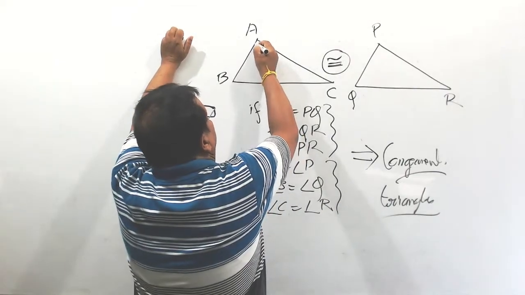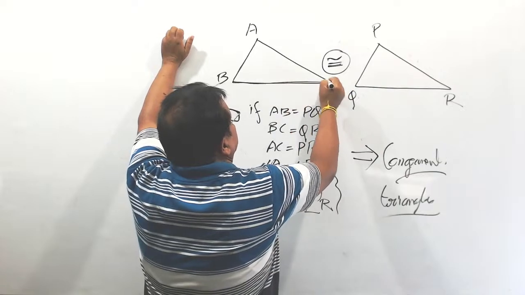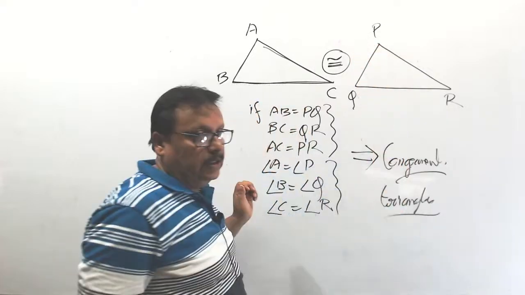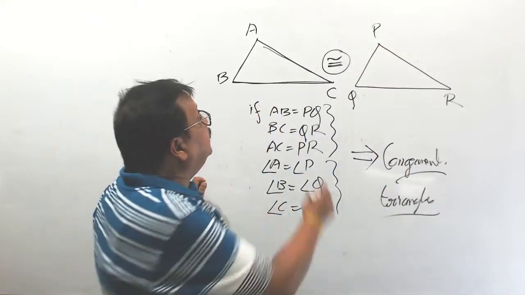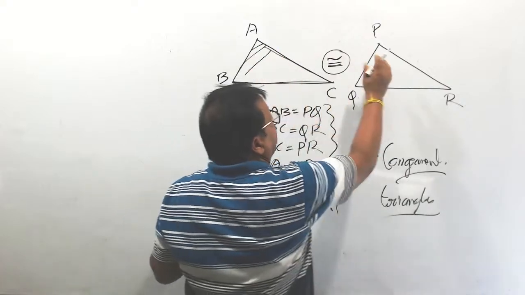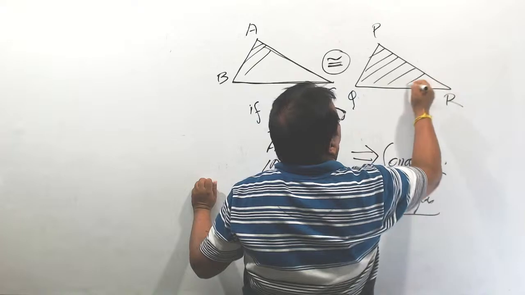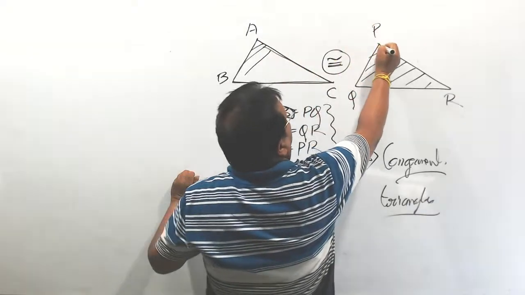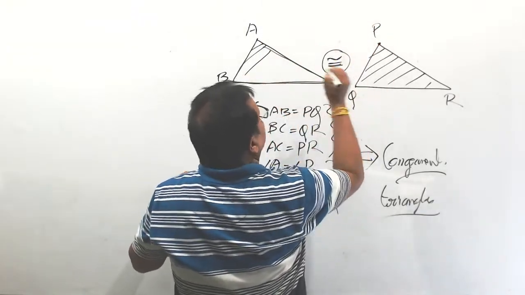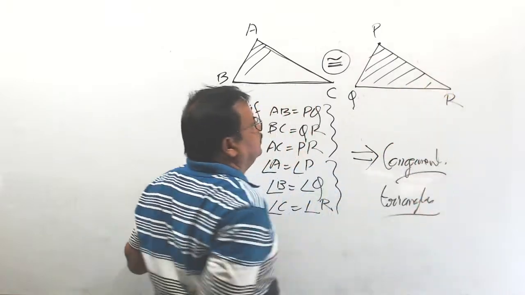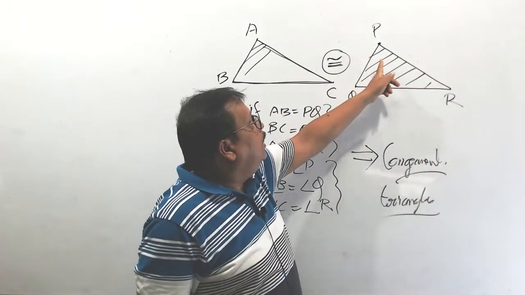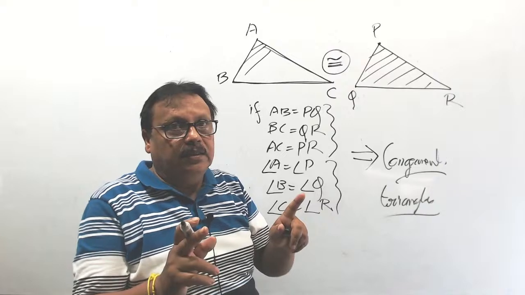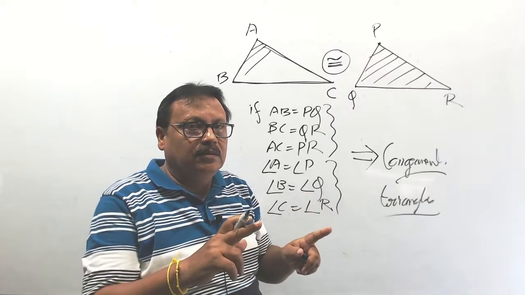If you cut this triangle, say from paper, with scissors, and overlap it on this triangle, and it covers completely the area of triangle PQR, that means A lies upon P, B lies upon Q, and C lies upon R, and triangle PQR will be covered by triangle ABC exactly, not more, not less.